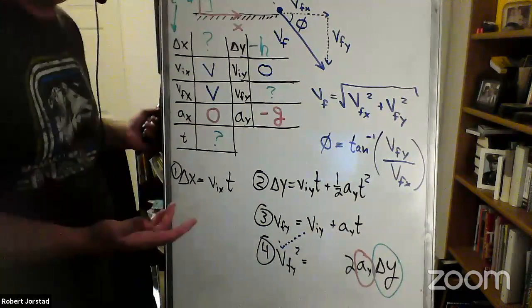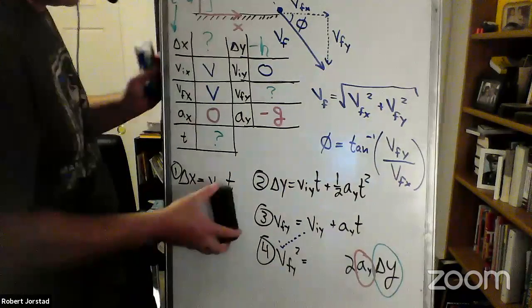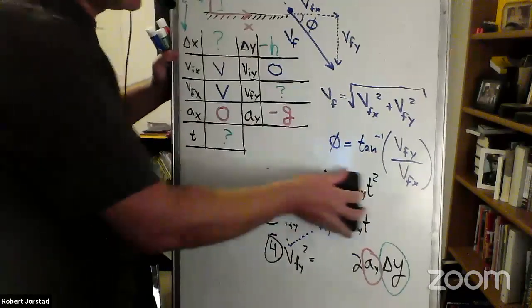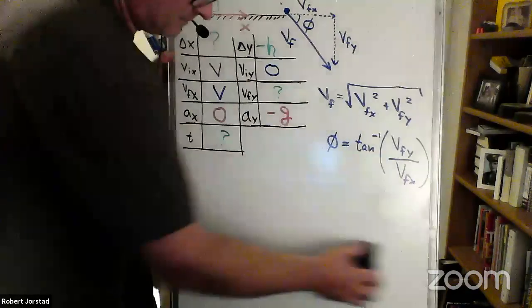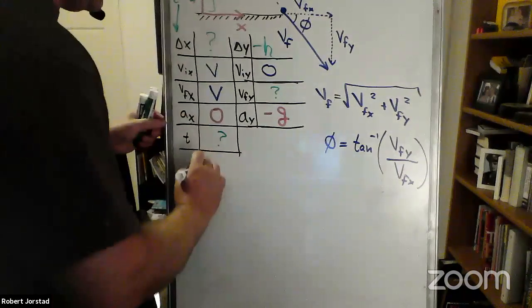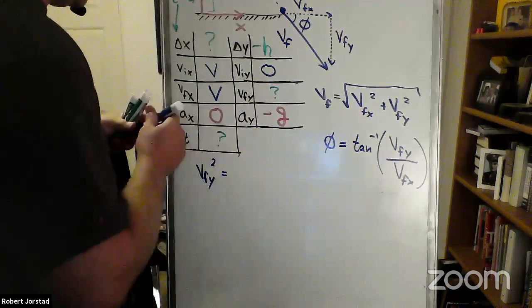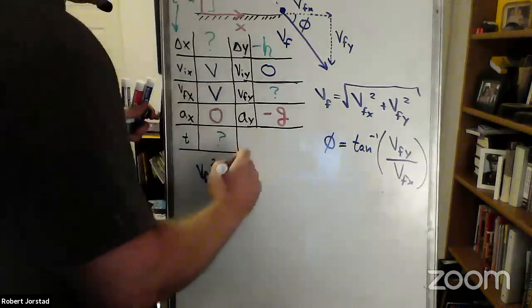So I need space because this whiteboard's tiny. So I got to erase everything and get to it. So we just saw it's 2.